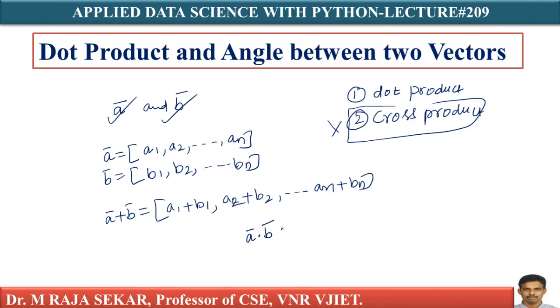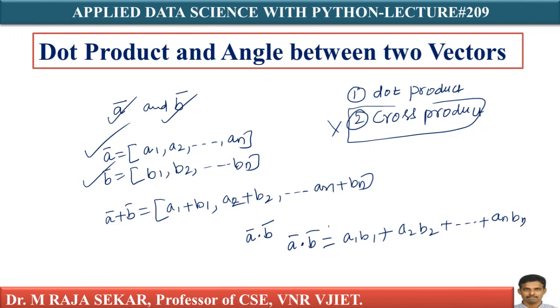First I will explain the notation, then we will understand the geometry behind this dot product. If your A bar is A1, A2, An and your B bar is B1, B2, Bn, your dot product A bar dot B bar is A1 B1 plus A2 B2 plus so on, An Bn.